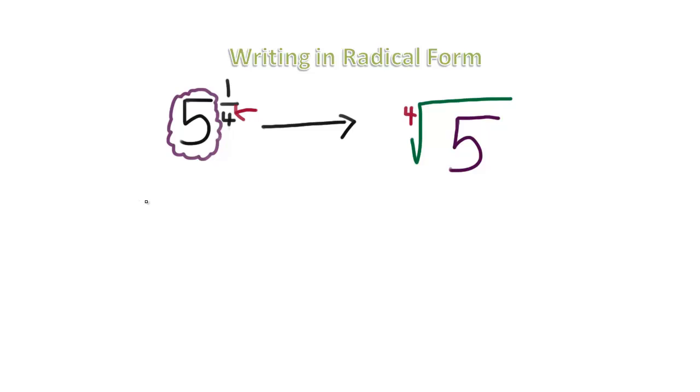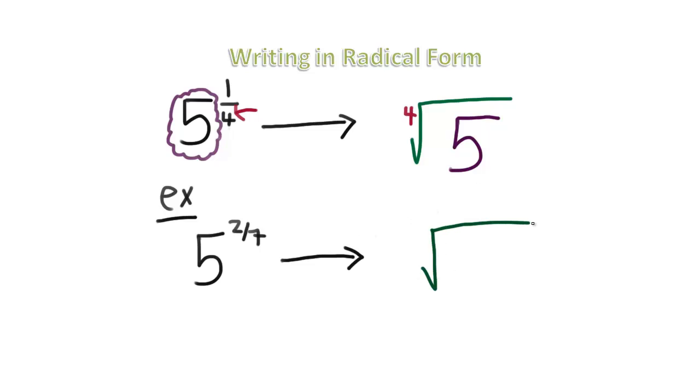Let's say I have another example. Let's say I have 5 to the 2/7, and I want to write that in radical form. Let's draw out the radical.